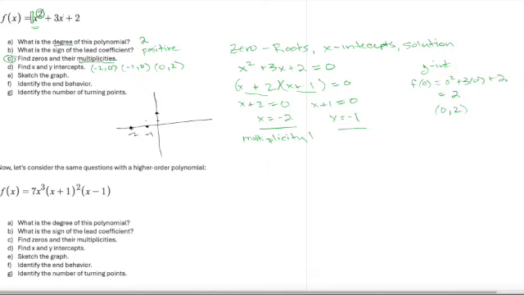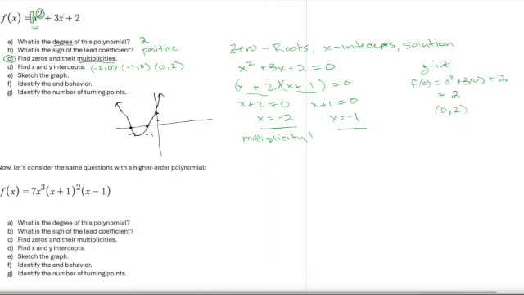So I don't know exactly how far down the vertex is at this point, but I can get a general shape of the graph because I know it's a parabola. I know it's going to look something like this. And that's all we really need to focus on for this particular section when we start to look at some of the other polynomials. So this is in general what it looks like.